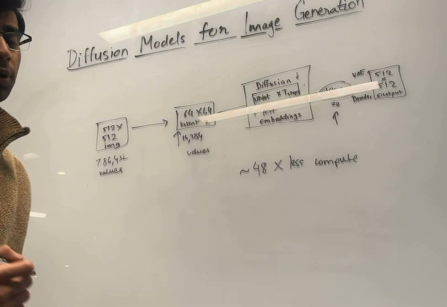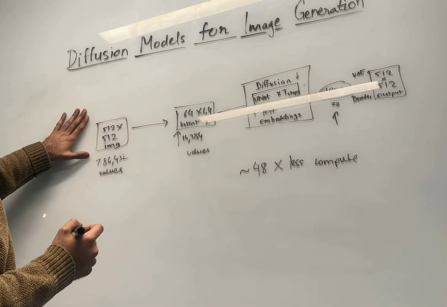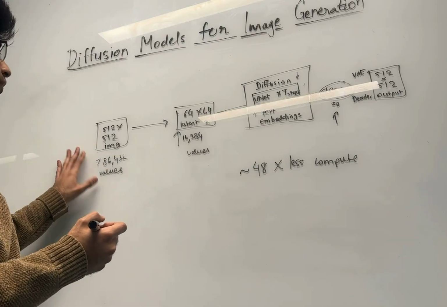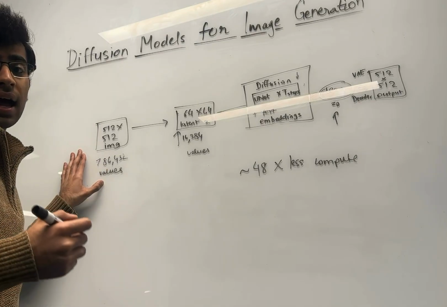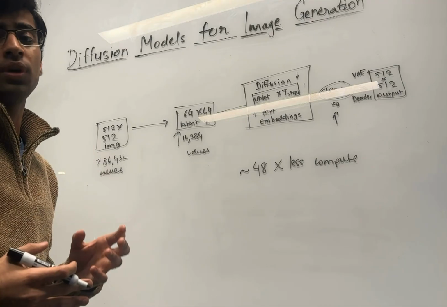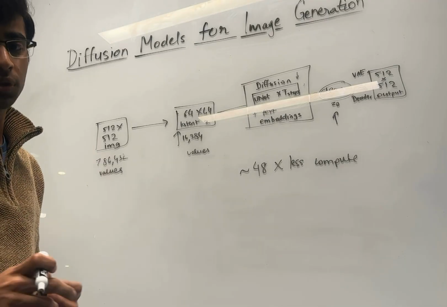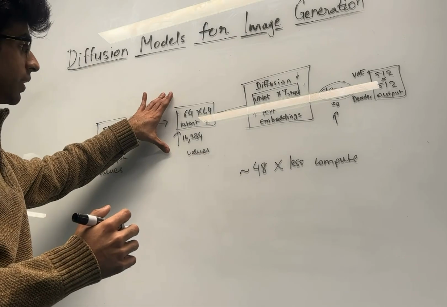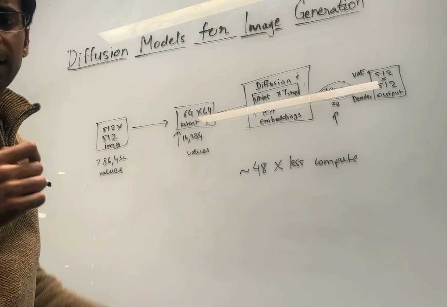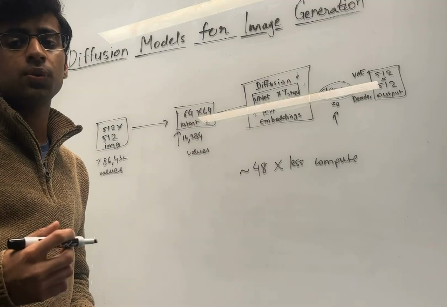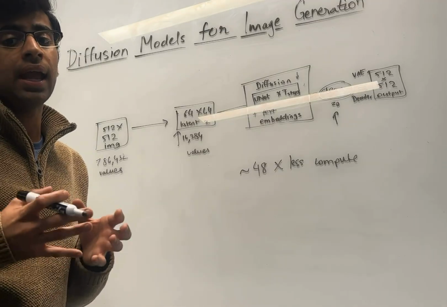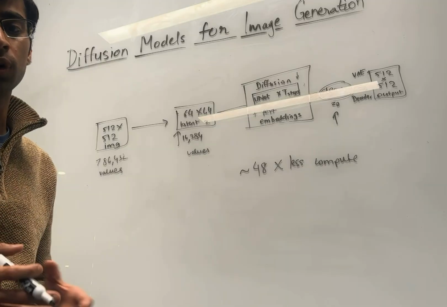Here's the problem. Diffusing 512 by 512 images is really expensive because of the amount of values we have to deal with and the hundreds of steps we have to go through. Stable Diffusion has a trick, which is to compress the image first. A VAE encoder squashes the image down to a tiny latent, which is roughly 48 times smaller.